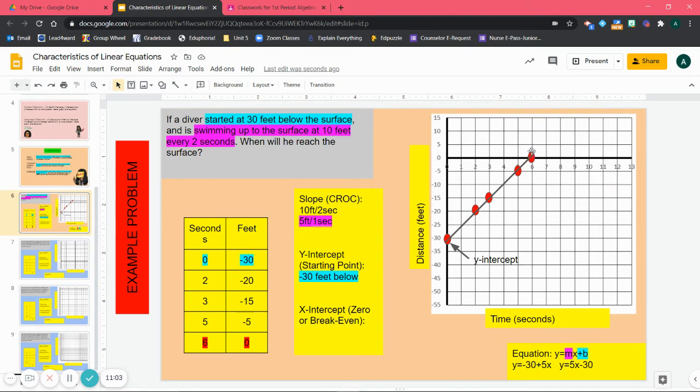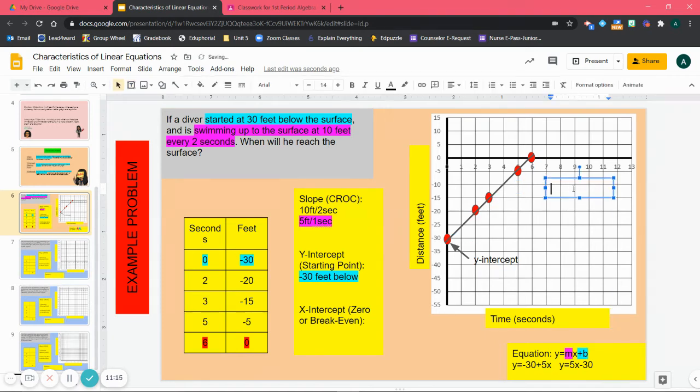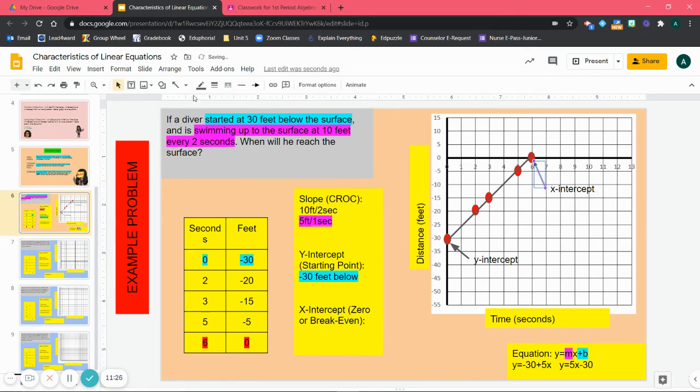Now, if I look at this point here, which axis is this point on? It is the x-axis. So because that is the point at which my diver reaches the x-axis, that point is known as our x-intercept. And then I'm going to label that point kind of like my y-intercept. That is our x-intercept.